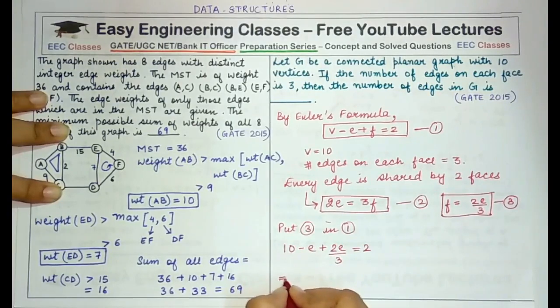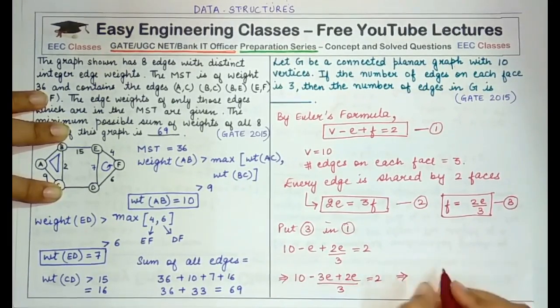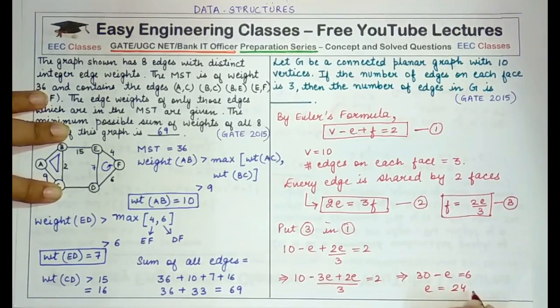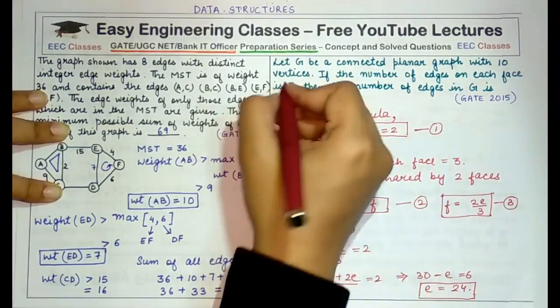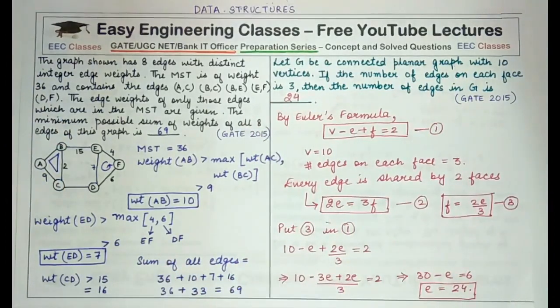So this is 10 minus 3E plus 2E by 3 equal to 2. This is 30 minus E equal to 6, and E is equal to 24. So E equal to 24 is your answer, or there are 24 edges in a connected planar graph which has 10 vertices, and the number of edges on each face is 3.